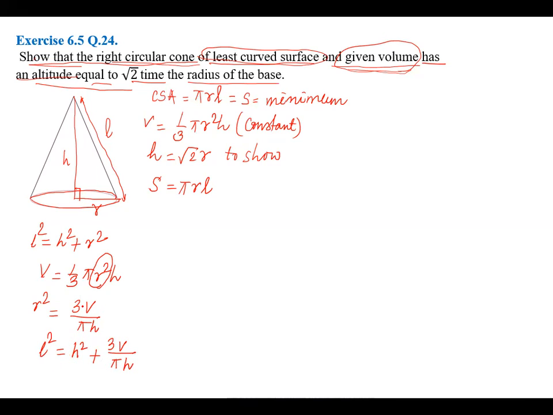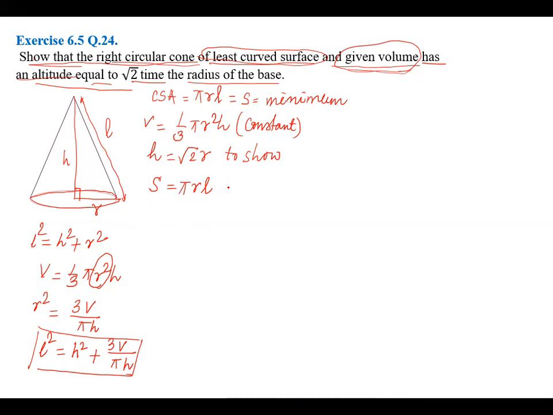This is your L square. So L square is converted to h, and r square is also in h. Now I'll go for your surface area. I'll square it so that I'll get L square and r square.